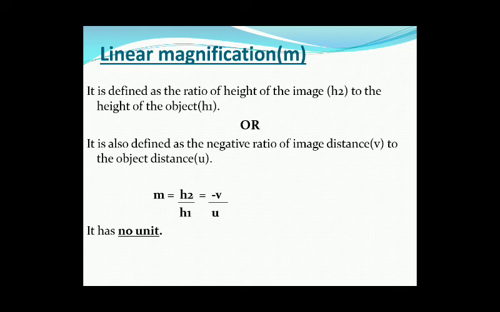So numerically, h2 upon h1, that is height of the image to the height of object, and negative ratio, you can see in the slide, minus sign is there, V upon U. V is the image distance and U is the object distance.